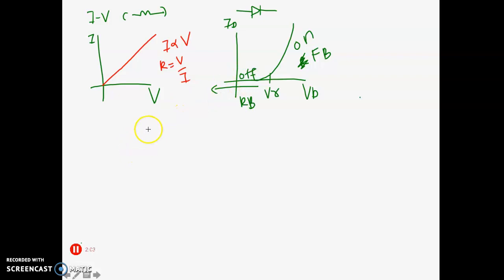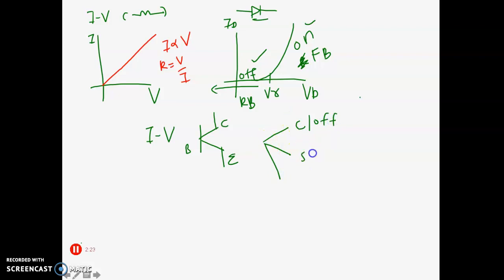Now we want to learn the IV characteristic of your BJT, C, B, and E. The modes of operation for your resistor and diode are either forward bias or reverse bias, but in your BJT, you have three modes that we call cutoff, saturation, and active.